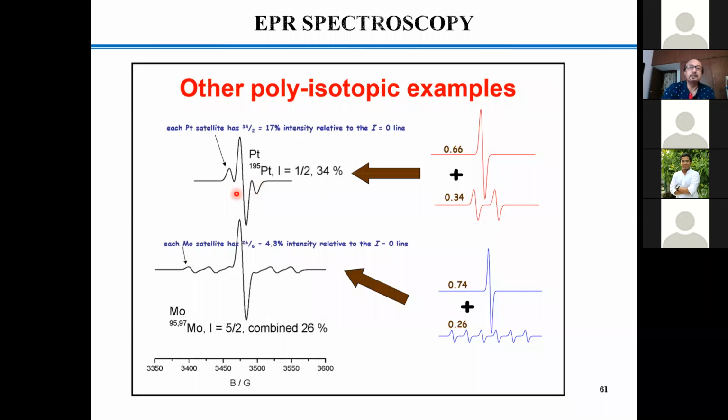I think 94 or 96, the major isotope constituents total is around 70%.